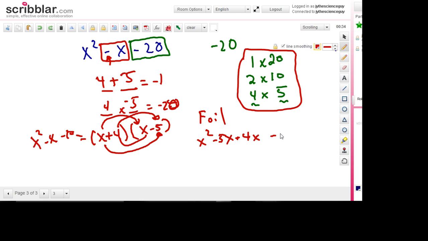That's minus 20. What's negative 5x plus 4x? Negative x. So that's why these two things are equal to one another.